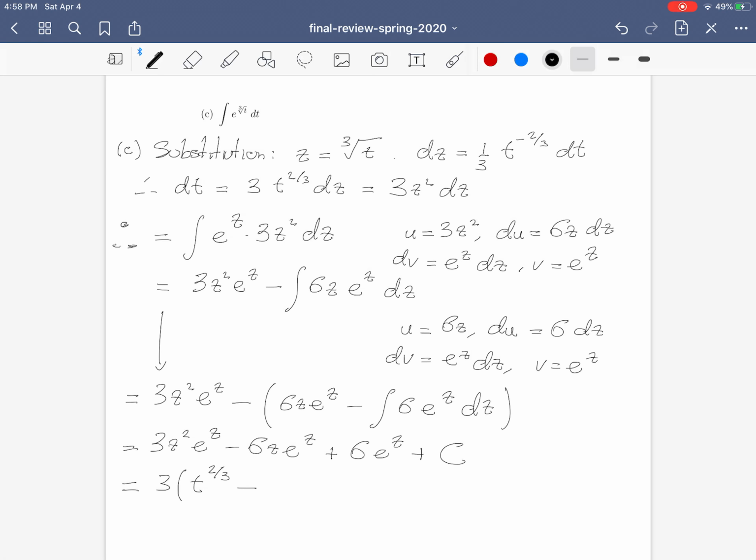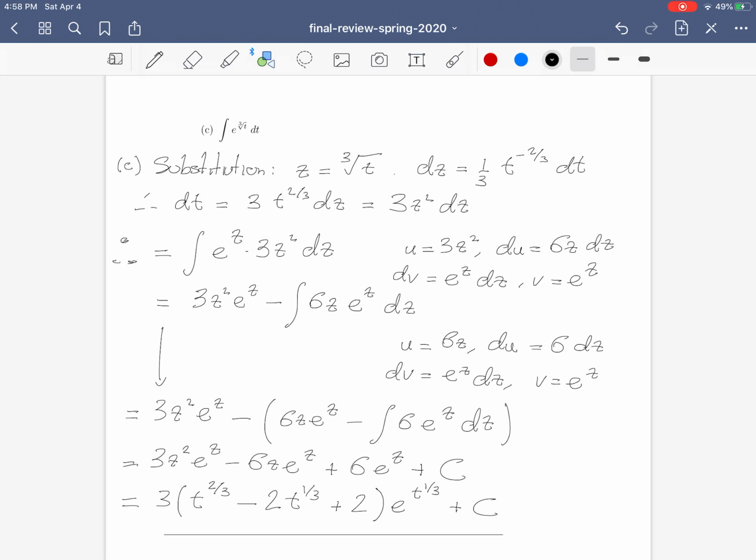Now I have minus 6z. So I pulled out a 3 already, so I'm going to get 2 t to the 1/3. And then my final term is just 6. So I'm going to get 2 here. And then I have my e to the z outside, so I'll get e to the t to the 1/3 plus an arbitrary constant. And that's our solution.